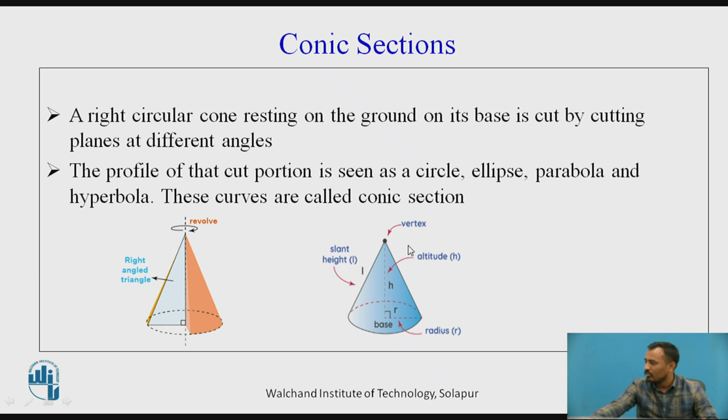The geometry of the cone is: the radius r is called the base radius, the base is what rests on the plane, the slant height is shown from the vertex point to the base point, and the height of the cone is shown by h. This is the geometry of the entire cone.